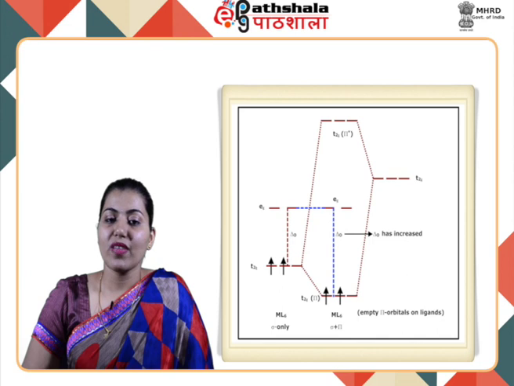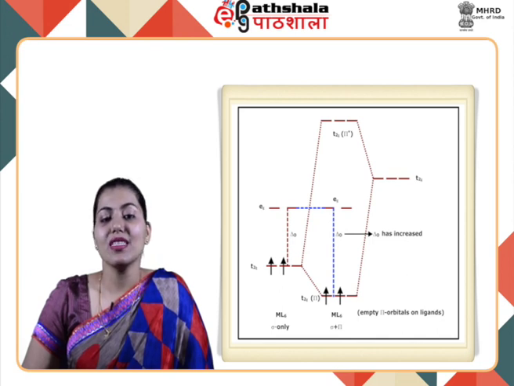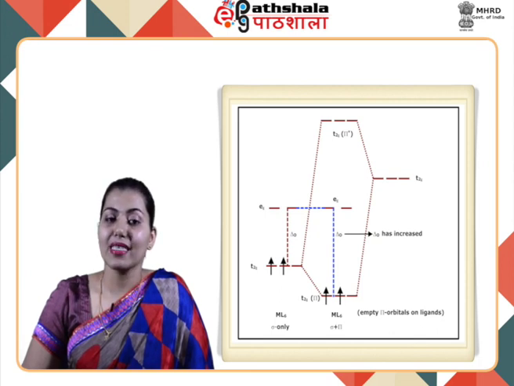Now, because of the interaction, it can be seen that the actual value of delta naught, which was there in the sigma only case, has been increased. Pi acceptor ligands are characteristically antibonding with respect to the ligand atoms and hence they are elevated in energy as compared to the d orbitals of the metal.